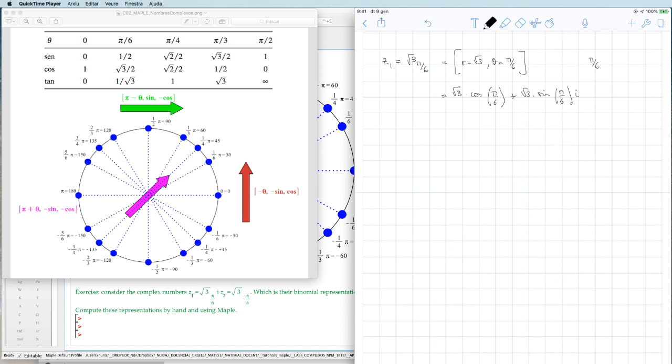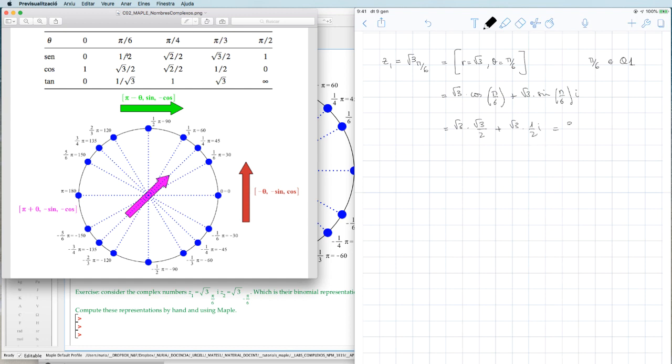Since pi over 6 is in the first quadrant, we go to the table. Its cosine is square root of 3 divided by 2 and its sine is 1/2. So I substitute square root of 3 divided by 2, 1/2, and I get 3 over 2 plus the square root of 3 over 2 i.